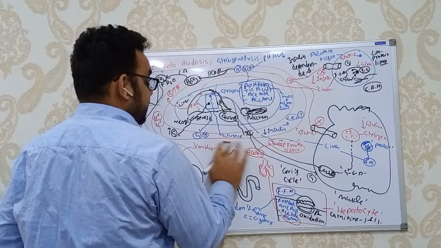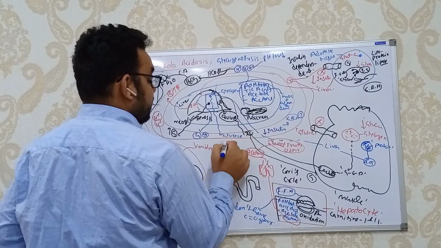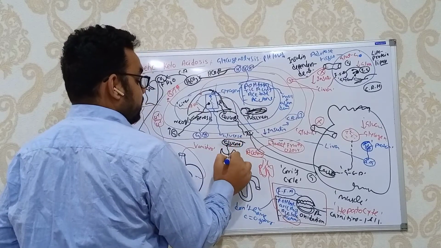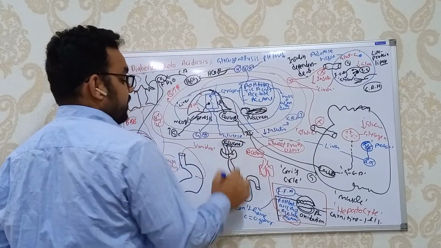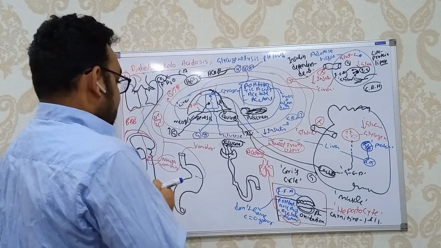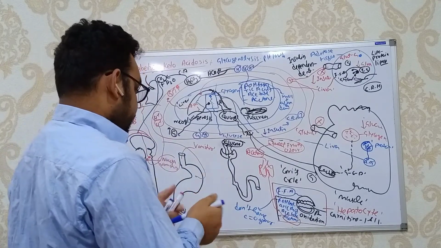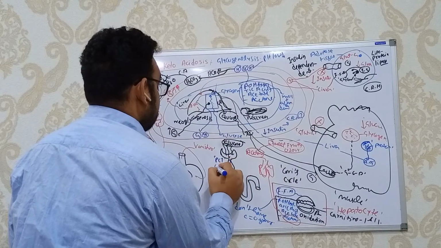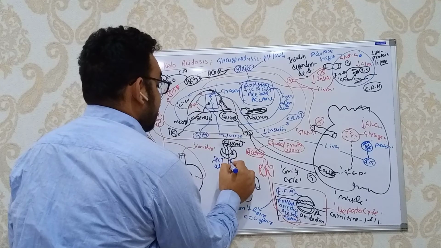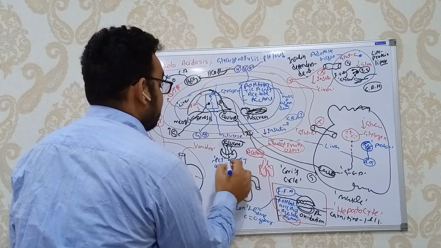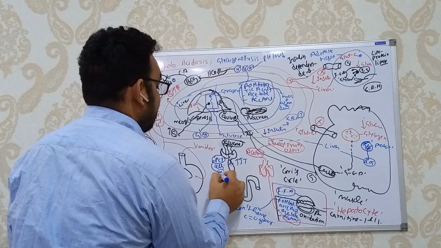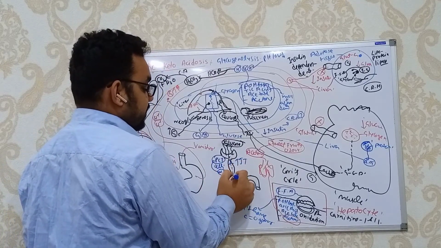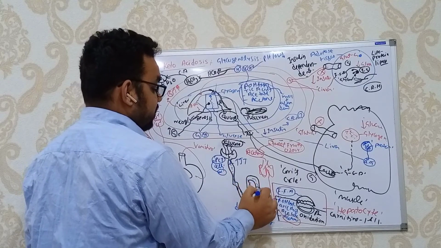The glucose is reabsorbed by the PCT cells, as we know from the basics. But the amount of glucose will be so much that the PCT cells can't reabsorb all of the glucose molecules. So some glucose will come out through the urine, and that will cause glycosuria.